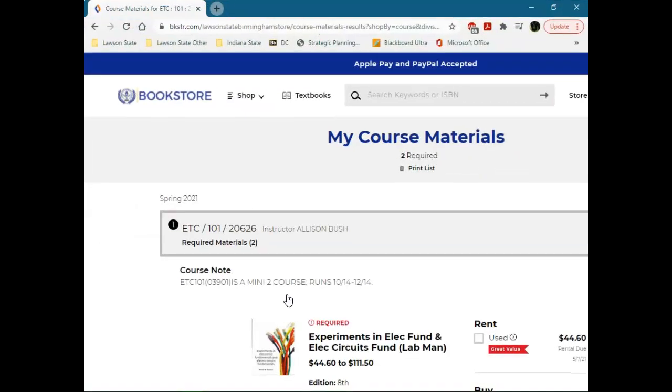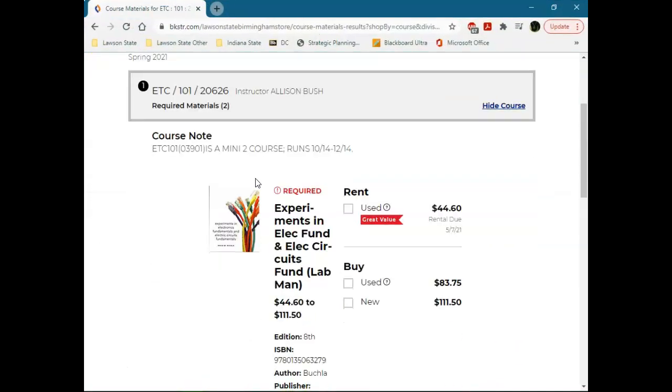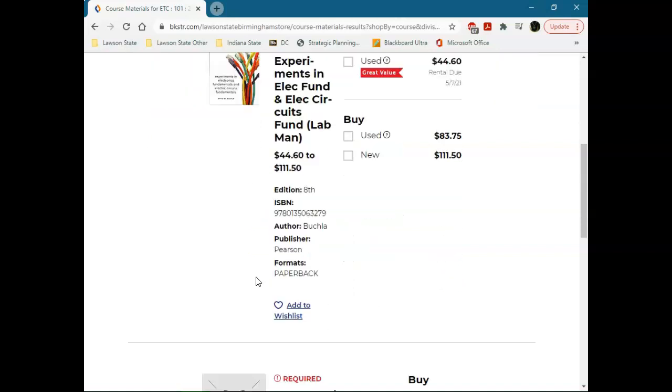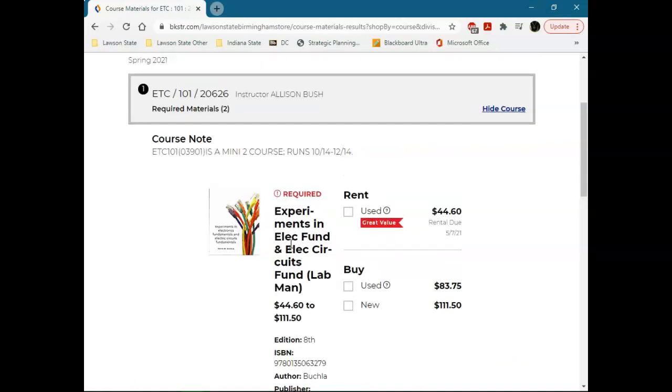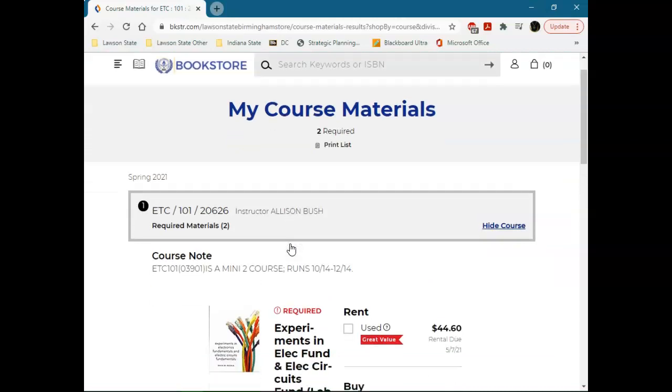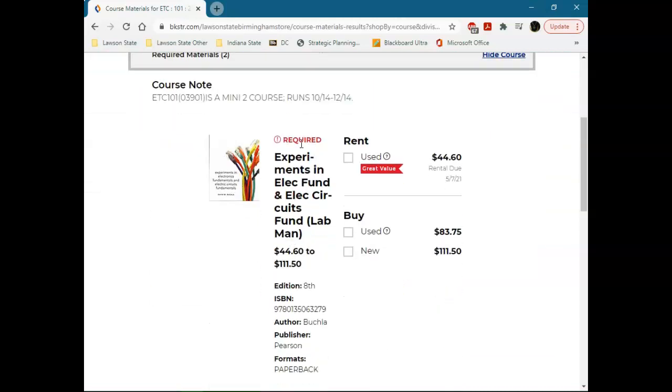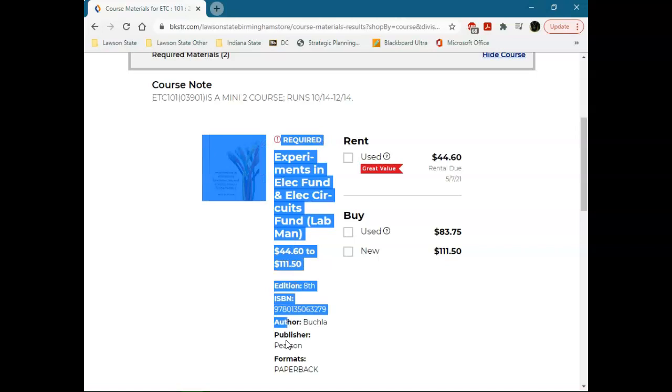All right, so this right here is the book that you need. It's Experiments in let me pull it up. We'll say this, don't buy the used, guys. It's not something you're supposed to be using. Should I get the new one? You need to get a new one, yes. Okay.